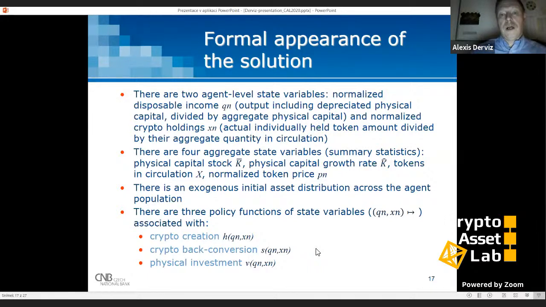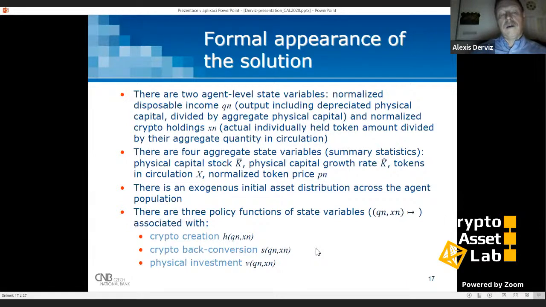And so if you normalize to account for balanced growth, that gives you two variables, which is your physical disposable income QN and the crypto possessions X, also normalized by the aggregate number of tokens in population.